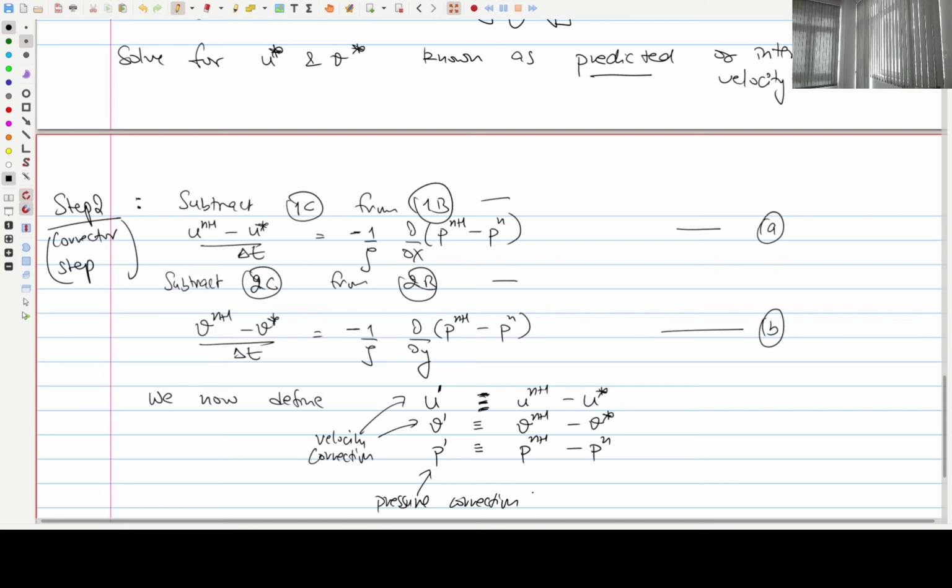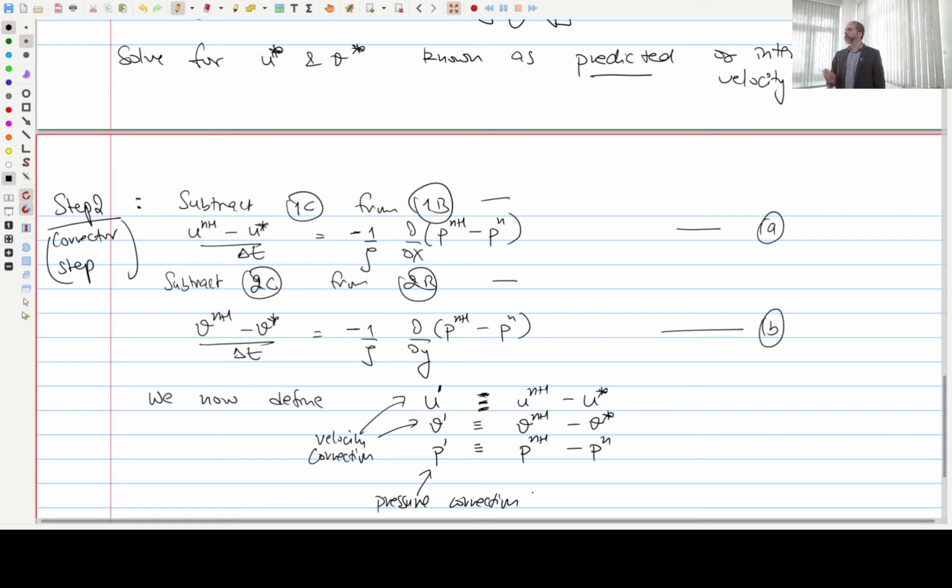So in step number 1, we found u star and v star. So if I knew u prime, I simply have to add u prime to u star to get un plus 1, because u prime is simply the difference of un plus 1 and u star. Similarly, if I am able to find v prime, I can add v prime to v star to get vn plus 1.